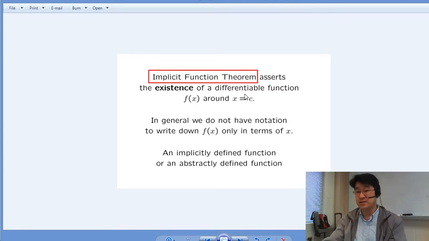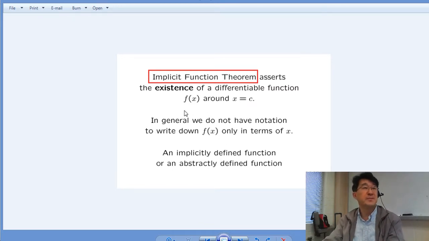What kind of function is it? A differentiable function. Even though we don't have a formula, right? But they're claiming that the function actually has a derivative. So this fancy implicit function theorem tells you that there's a function out there. We cannot write it down exactly, but it's a differentiable function, right?